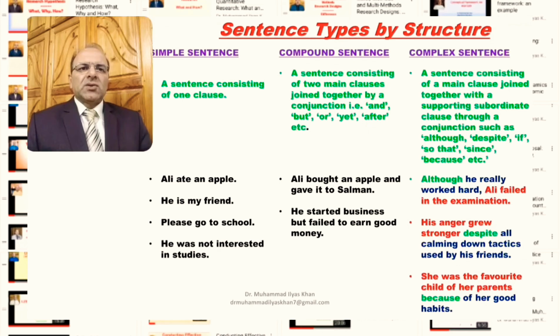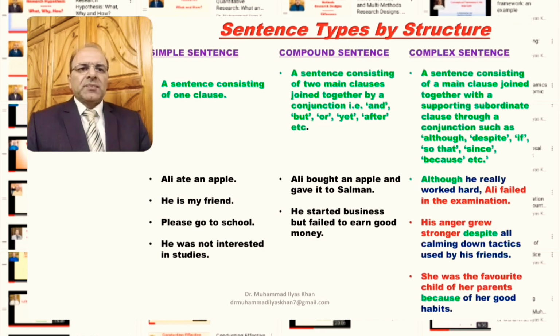The complex sentence, on the other hand, represents a complex thought. Why does it represent a complex thought? Because the complex sentence consists of a main clause joined together with a supporting or subordinate clause through a conjunction. In contrast to the compound sentence, there is one main clause and the other is a supporting or subordinate clause, which is not an independent clause.